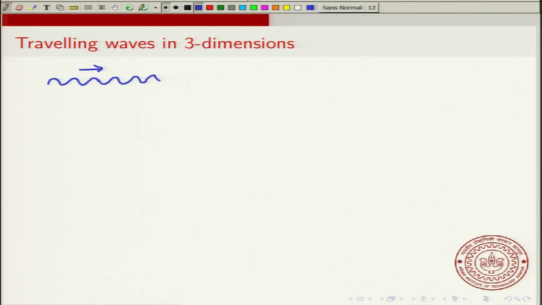Now, this wave has a momentum p. Then you can write its wave function.